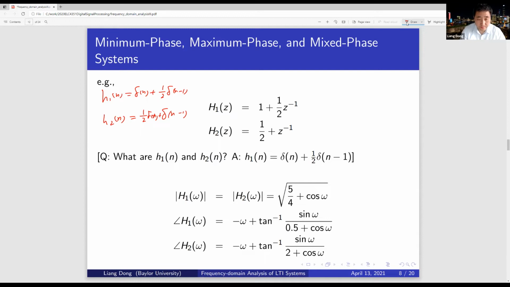On a picture, we see that for the first one, H1 in the time domain, there is a delta here, and then I have a half here. This is 0, this is at 1. For H2 in the time domain, we have a half here. This is 0. Then I have a 1 here at time 1. This is a half, this is a 1.